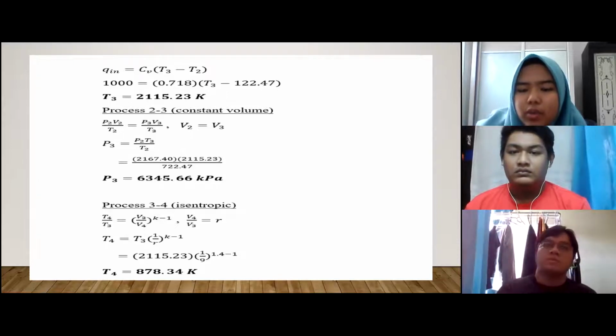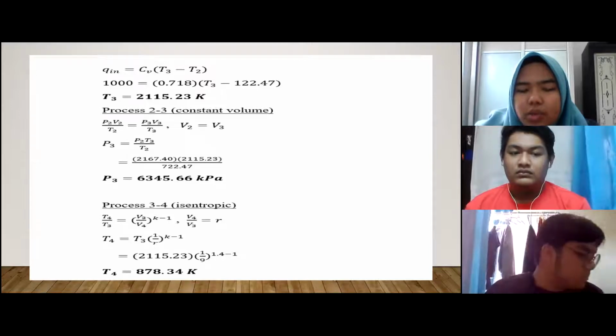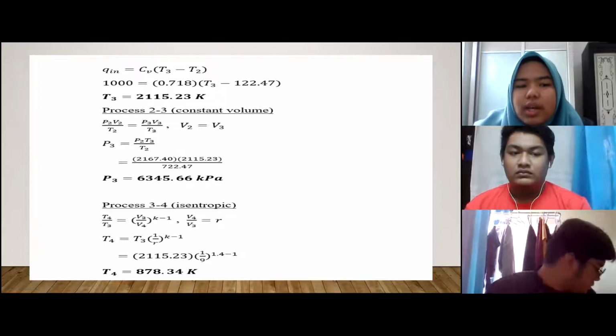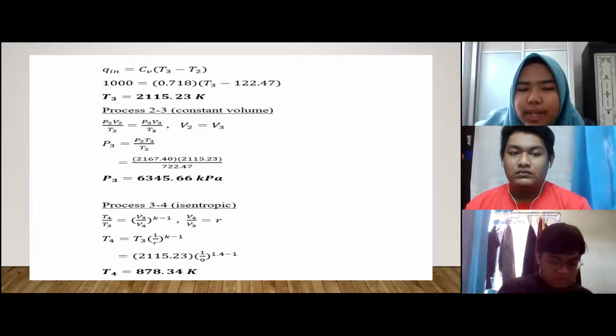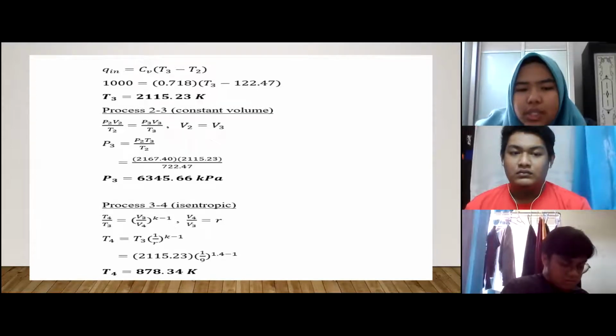We know that V2 and V3 are constant volume, so we can cancel them out. Then P3 is equal to P2 times T3 over T2. So we fill in the values, and we get P3, which is 6345.66 kilopascal.